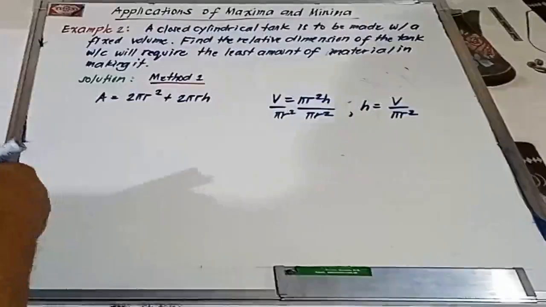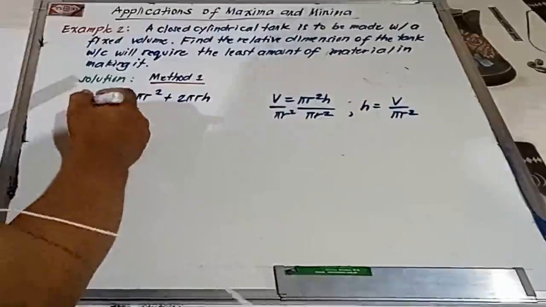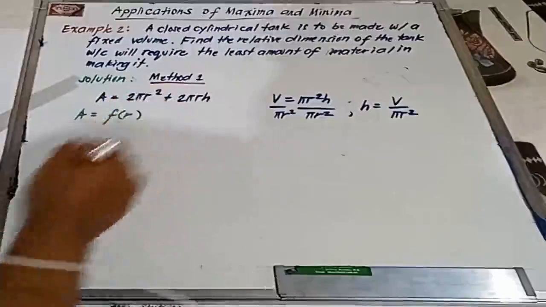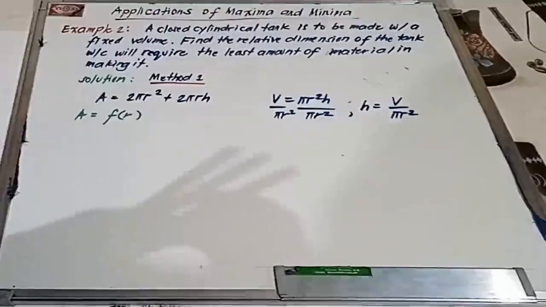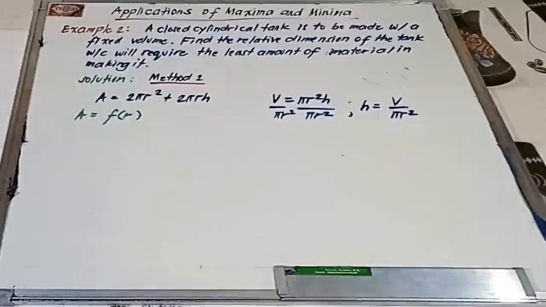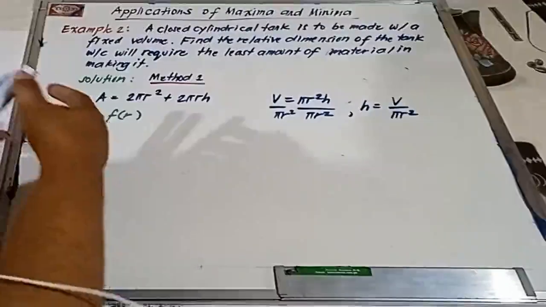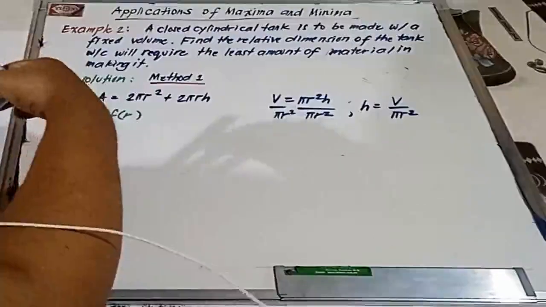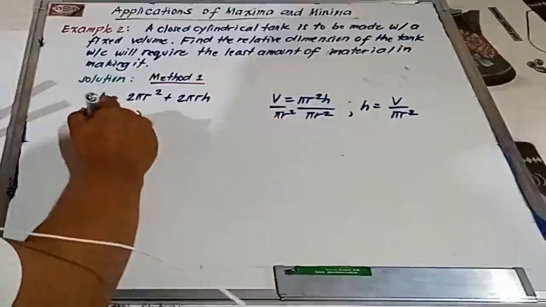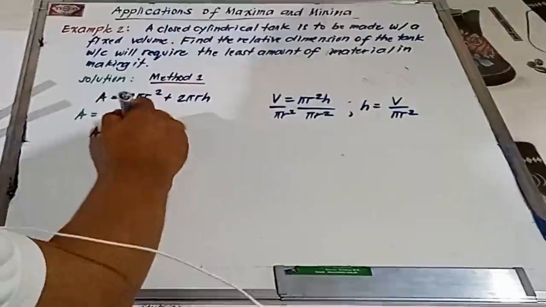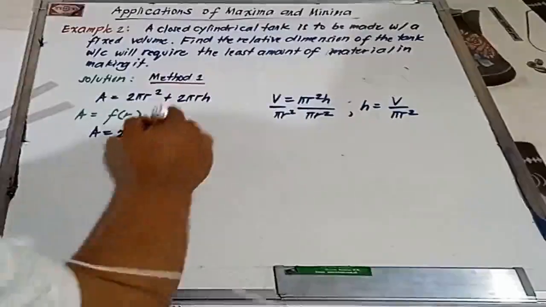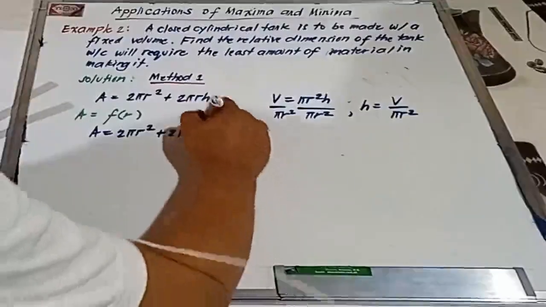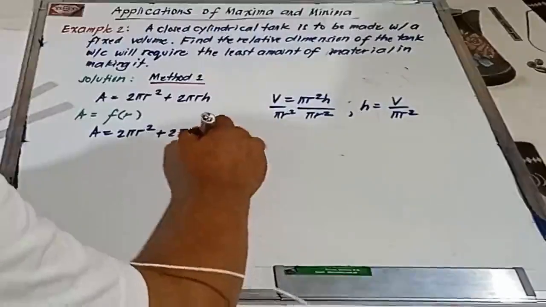So para yung ating function will be a function of one independent variable lamang, which is the radius. Okay, so substitute natin si h dun sa ating function. So we have A equal to 2 pi r squared plus 2 pi r, h is volume over pi r squared.